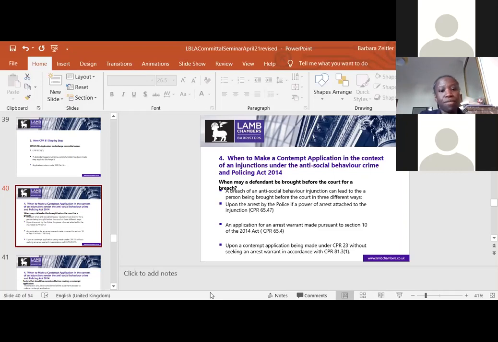CPR 65.47 allows the defendant to be proceeded against under what is effectively contempt proceedings without a separate application being made under 81.31.